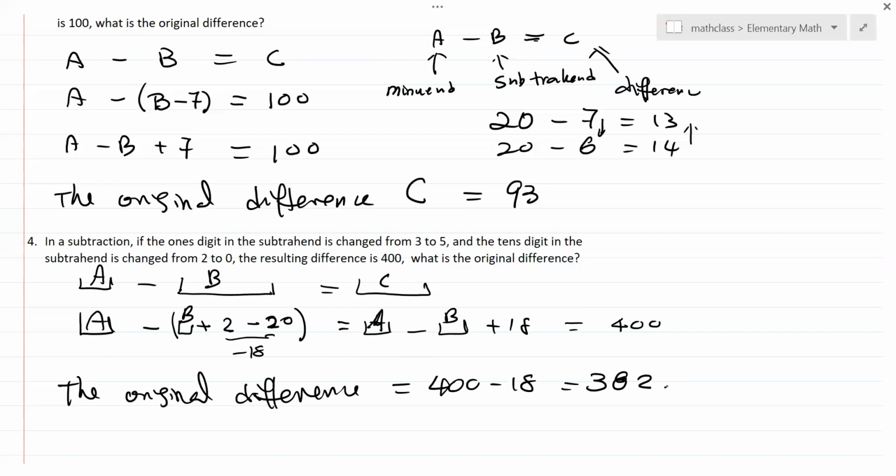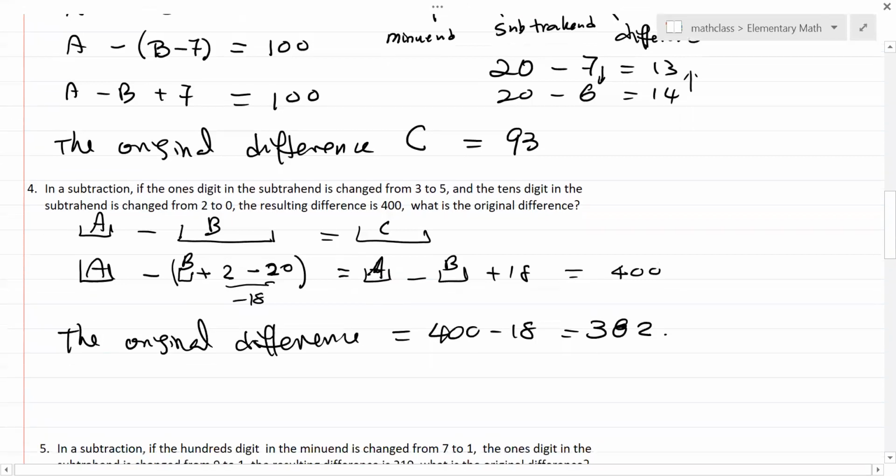If you don't want to write down ABC, that's fine, but you have to carefully think about the signs. This is the kind of training we want. When you make a change to the second number in subtraction, you have to be careful.